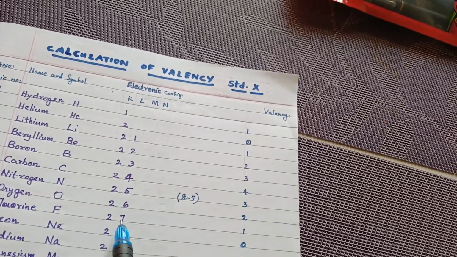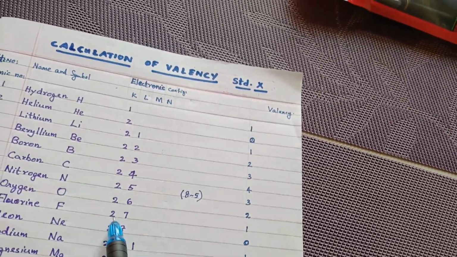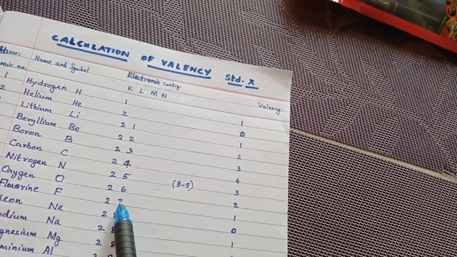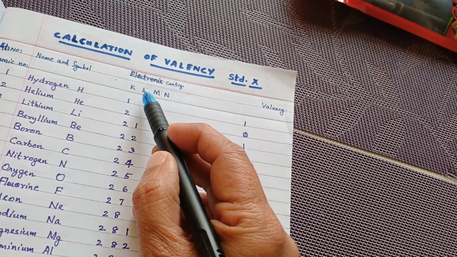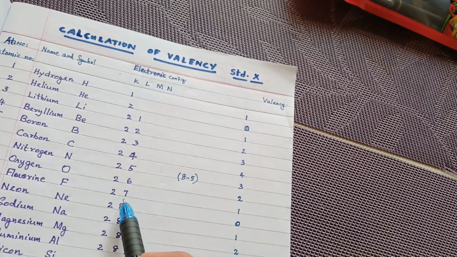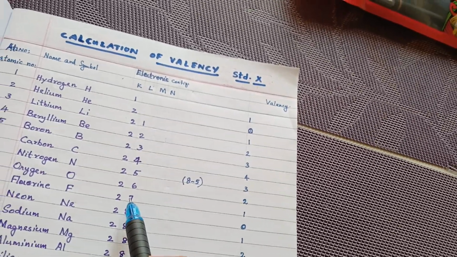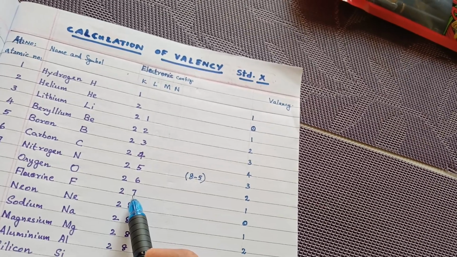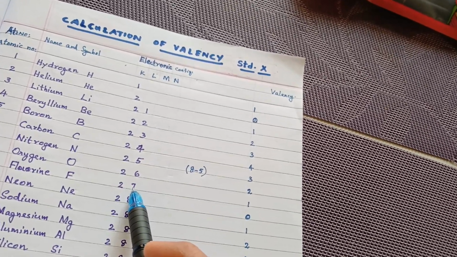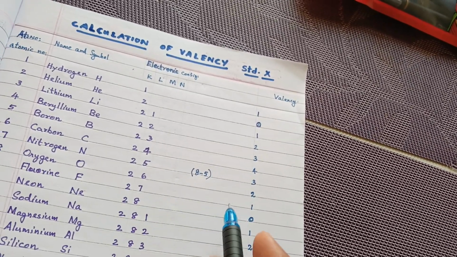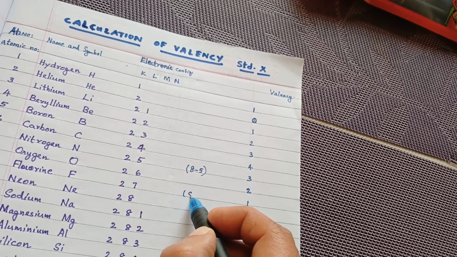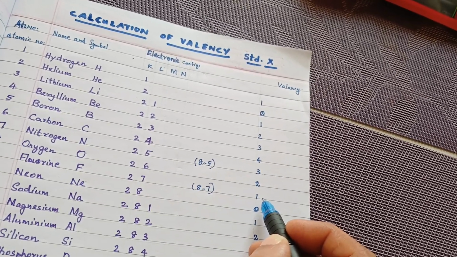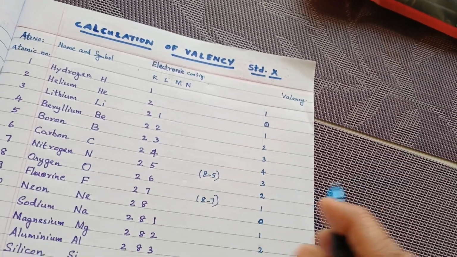Say fluorine is having 2, 7 electronic configuration, and those 7 electrons are in the L shell. L shell has a maximum capacity of 8 electrons, and fluorine is having 7 in it. So we can't take 7 as the valency of fluorine, but we will take it as 8 minus 7, which is equal to 1.